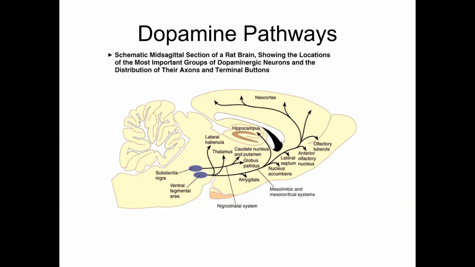And again, their major destination is into the dorsal horn of the spinal cord, where they will inhibit noxious input. So dopamine can work in inhibiting pain via this spinal direct pathway.